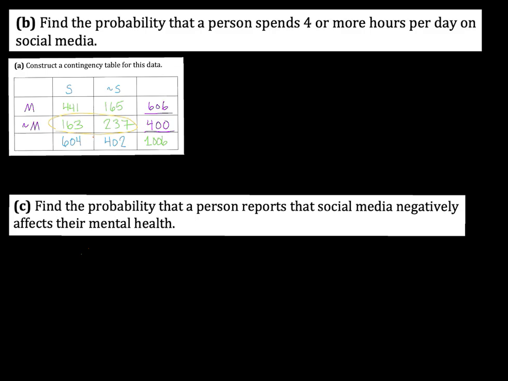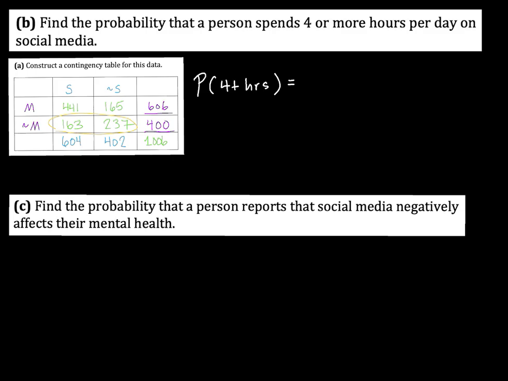So for A, our table we're going to use for B, and it says find the probability that a person spends 4 or more hours per day on social media. So that's out of everybody. So it's the probability of 4 plus hours per day.